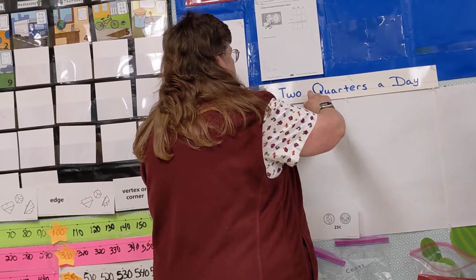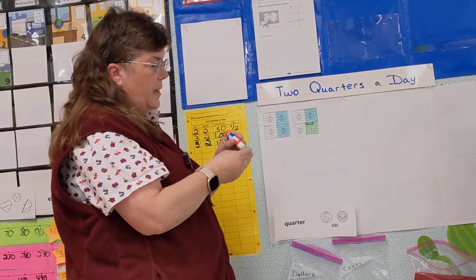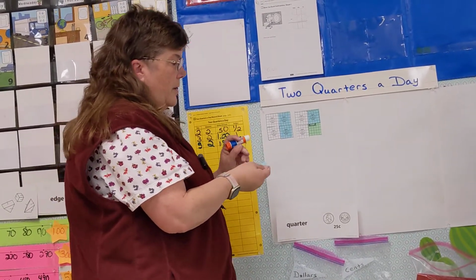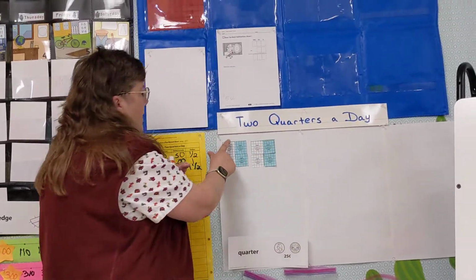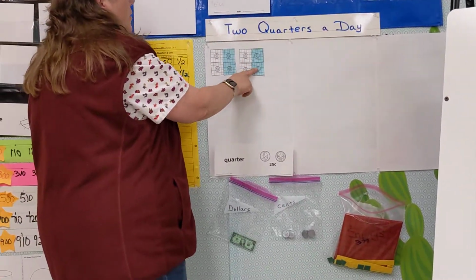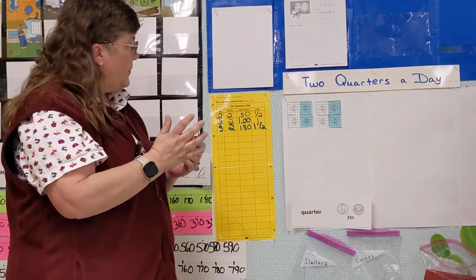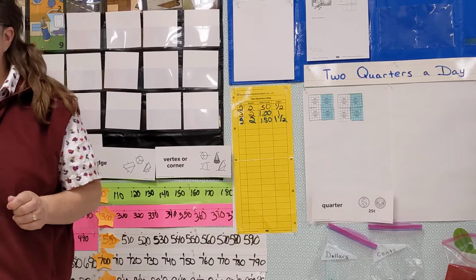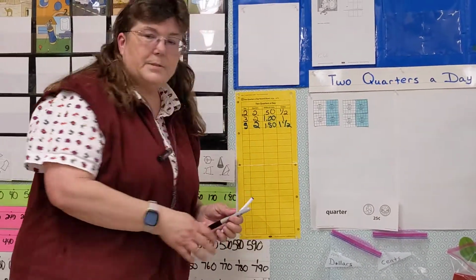So does this fill in another dollar if I put up my 4th quarter? Nice, it does. So we've got 4 quarters and 4 quarters. We have filled in $2. Okay, let me write some of this information up. Oops, I need a dry erase.